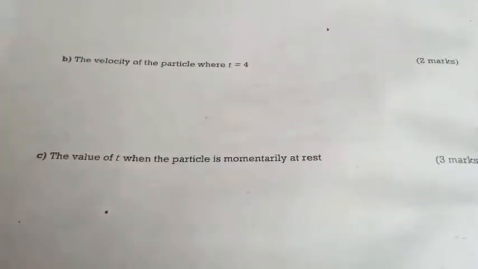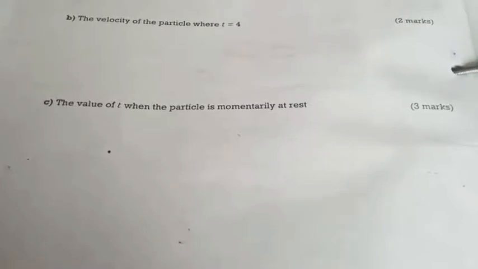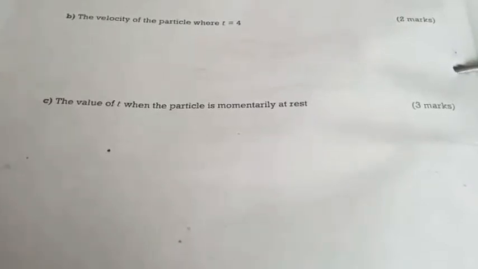Find part A, the displacement of the particle at t = 3. Part B, the velocity of the particle when t = 4. Part C, the value of t when the particle is momentarily at rest. Finally, part D, the acceleration of the particle when t = 4.